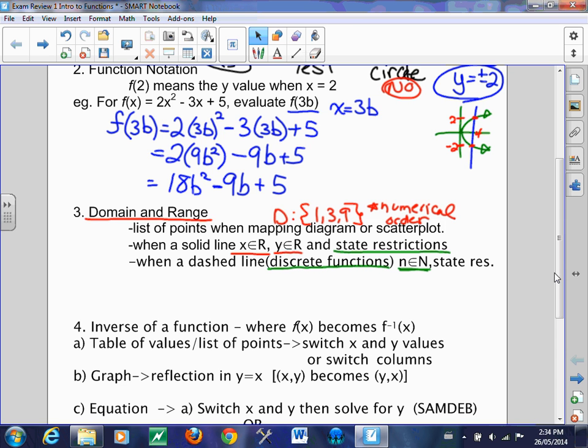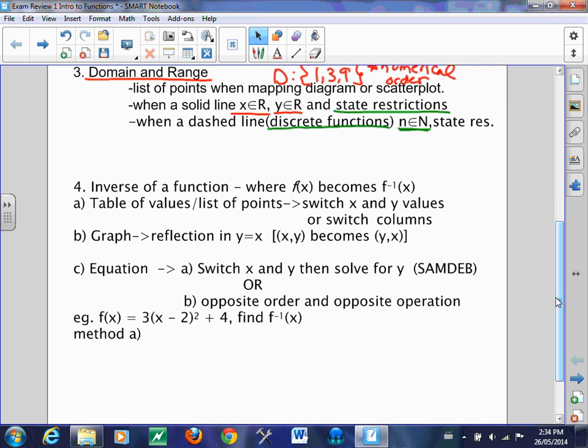All right, moving on. Inverse of a function. Okay? So that's where f at x becomes f inverse of x. Okay? So if you have a table of values, if you're listing the points, you switch the x and y values. So let's just take a look here.